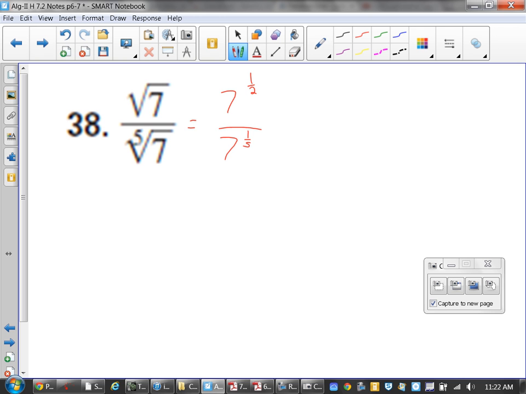Who wins in the game of war? The half. What's 1/2 minus 1/5? 5 tenths and 2 tenths. So it's 7 to the 3 tenths. You're doing the exact same thing as you used to do, but it's just with a fraction as opposed to an integer.